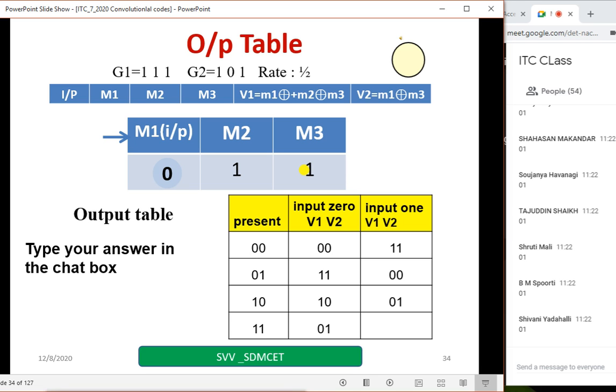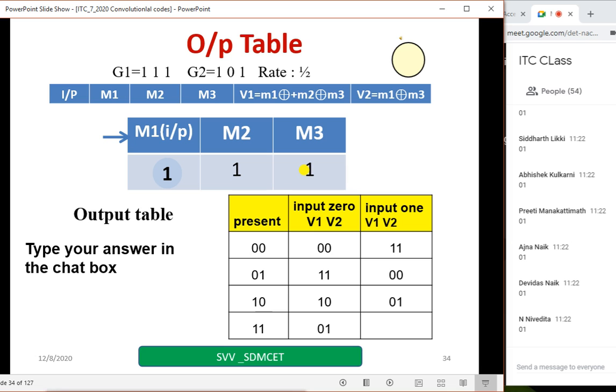Last is 1, 1, 1. Add all the 3. Add first and last. Tell the answer. It's the last entry in the output table. When you add all the 3, what is the answer you will get? And when you add first and last, what is the answer?